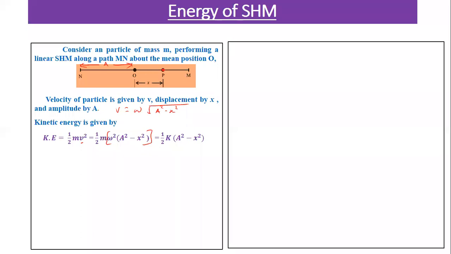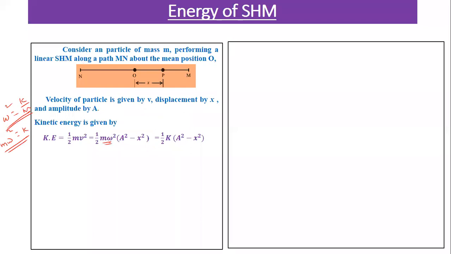But we already learned one formula, the formula of omega: omega square is k by m. In the beginning we learned this formula. So here m omega square is equal to k, and instead of m omega square we can substitute k also.